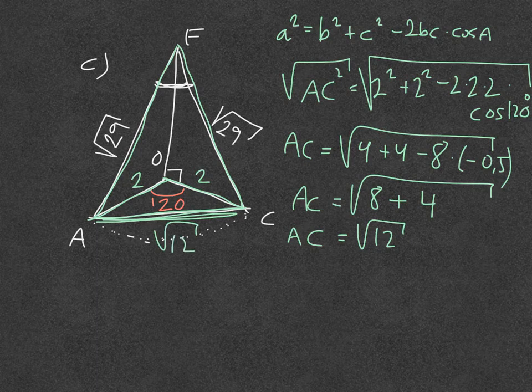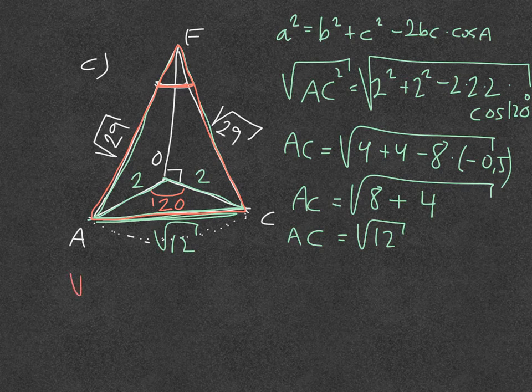And then we can use the cosine rule again to solve this triangle. So this is the angle we want to find. And now we don't know the angle, but we know all the sides.